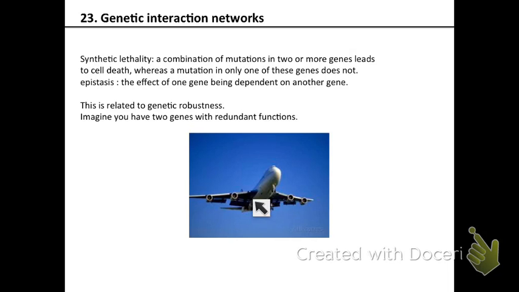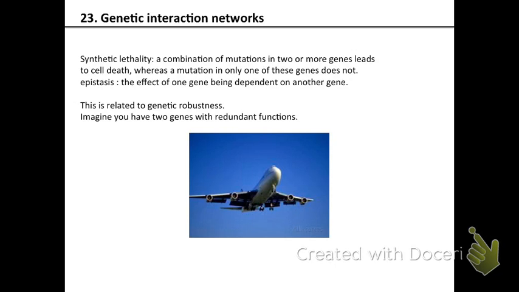But then if you have a mutation in the other engine as well, now you're in trouble, right? Because if you make a mutation in only one of them, the airplane is still going to go, so the organism is going to live. But if you make a second mutation in another gene that's also important for the same process, then you're in trouble. That's basically what I mean by synthetic lethality.